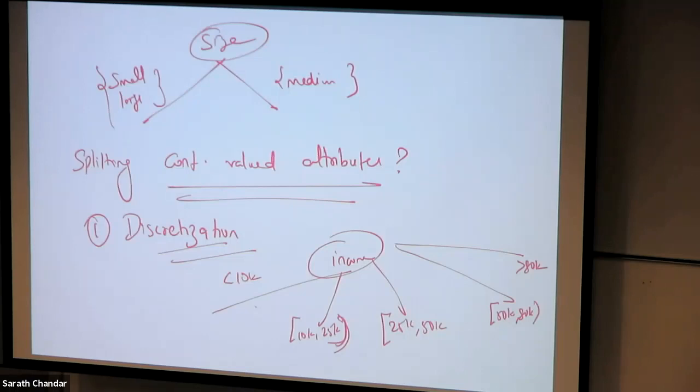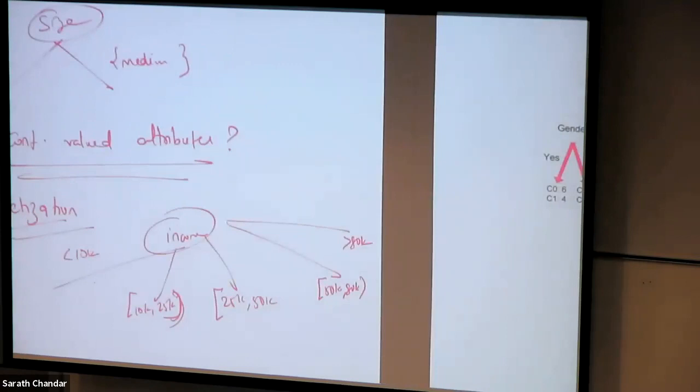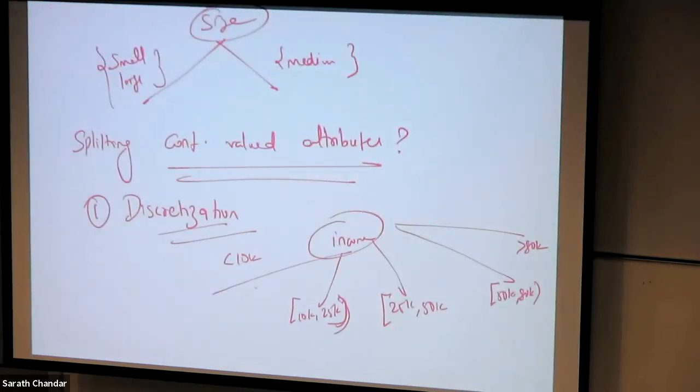However, if you think about our example, I don't want to go back all the way. We had this annual income, which was split at 80K. If it is less than 80K, you go on one side. If it is greater than 80K, you go on another side. So now this is actually one single number.